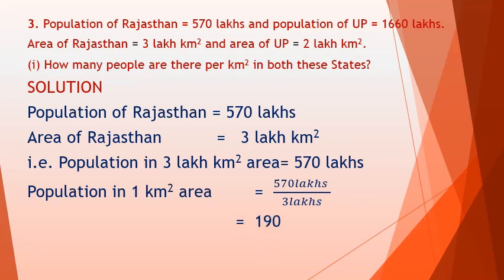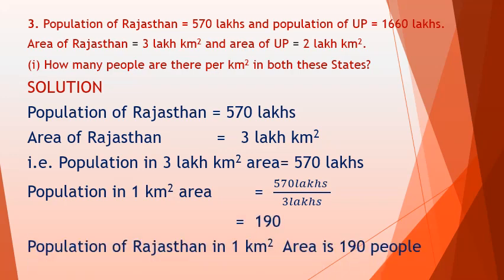After cancelling, we get 190. That is, the population of Rajasthan in 1 kilometer square area is 190 people. That means in 1 kilometer square area, 190 people live in Rajasthan.